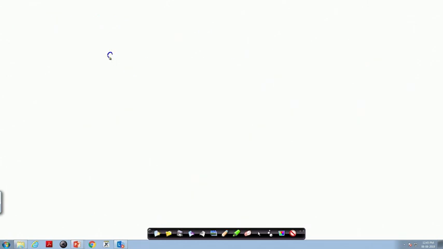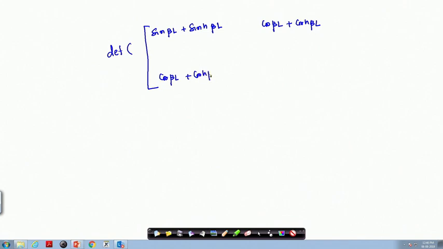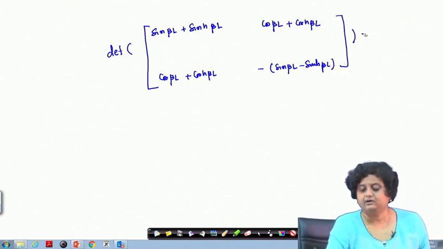So, the determinant of this matrix, let me write it down, is equal to 0.